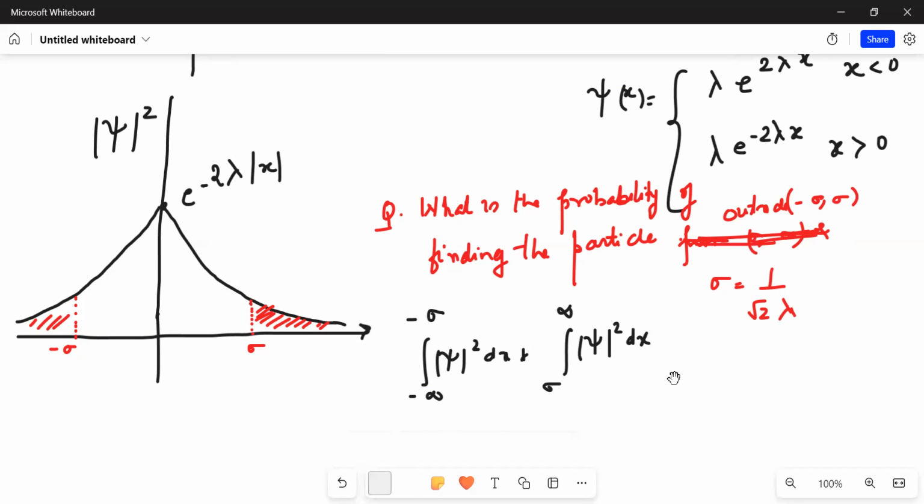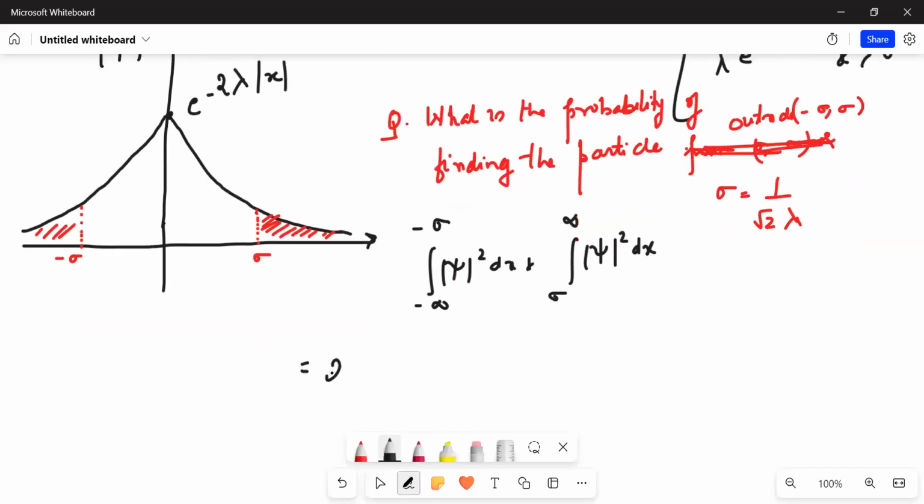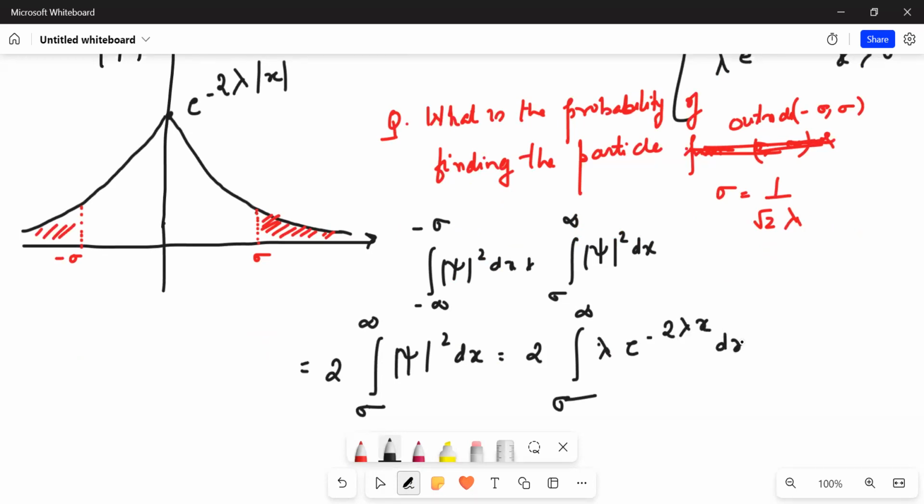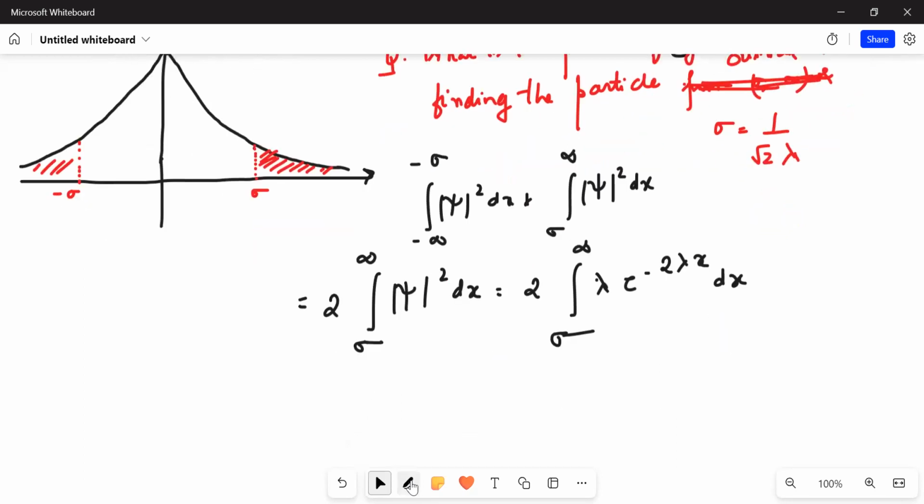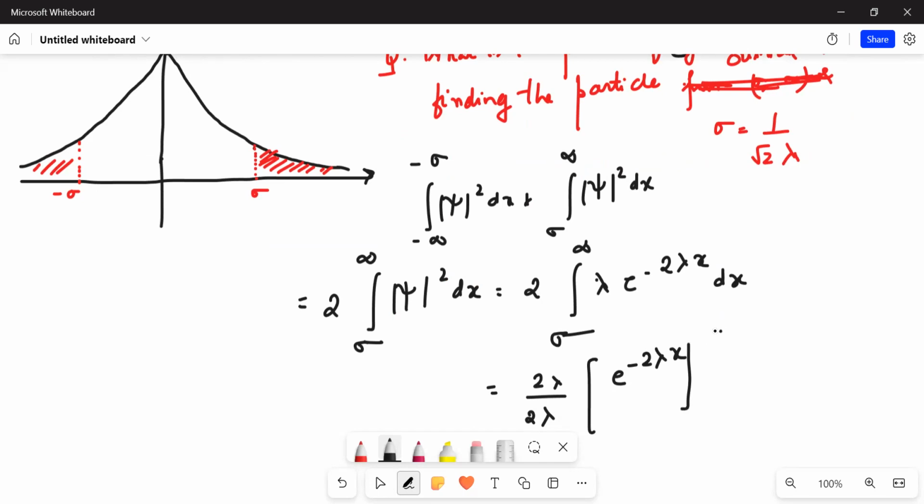And we know that |psi|^2 is an even function, so I'm going to write it as 2 times the integration from sigma to infinity of |psi|^2 dx, which would be 2 times the integration from sigma to infinity of lambda e to the power minus 2 lambda x dx. I think this is easy to find, that this will be equal to 2 upon 2 lambda, and the lambda is already here, e to the power minus 2 lambda x from sigma to infinity.